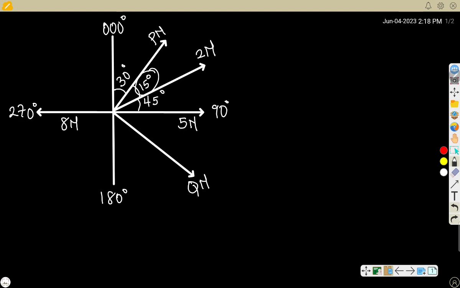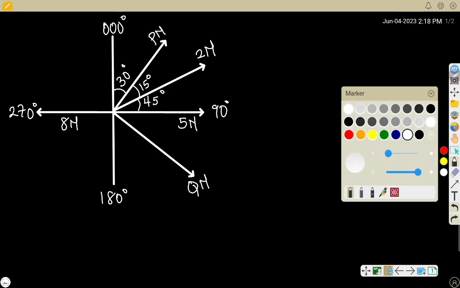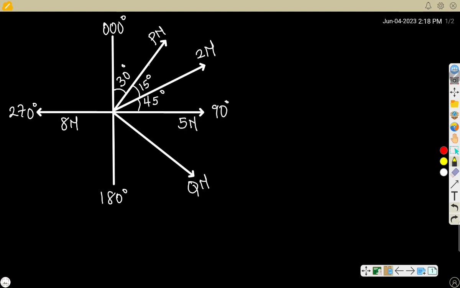So that small angle is 15. From here to here is 30, so P makes an angle of 30 with the horizontal. Remember, this line is my horizontal line. Then 2 Newton makes an angle of 15 plus 30 to the horizontal. That's 45 to the horizontal.